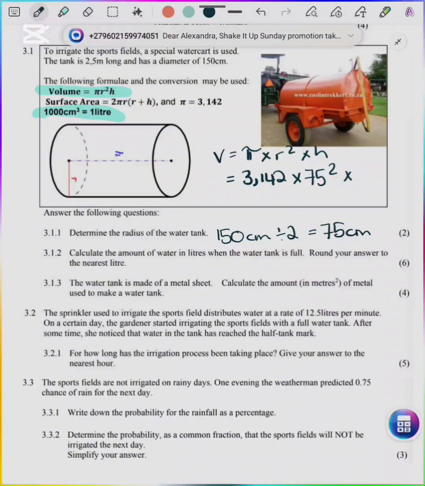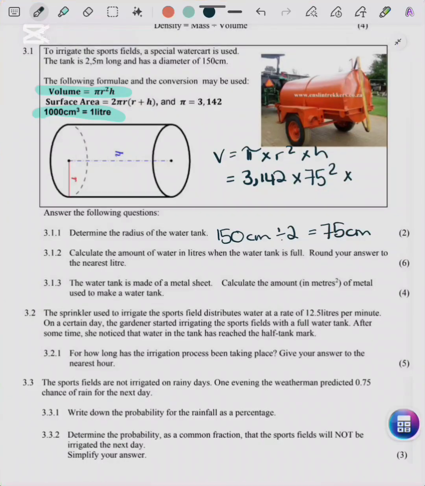And then the height of the tank, well, we know that the height of the tank is actually, in this case, length from the diagram, and it's 2,5 meters. Now I can't put 2,5 meters straight into this formula because it's in meters. I need to convert and get 250 centimeters.